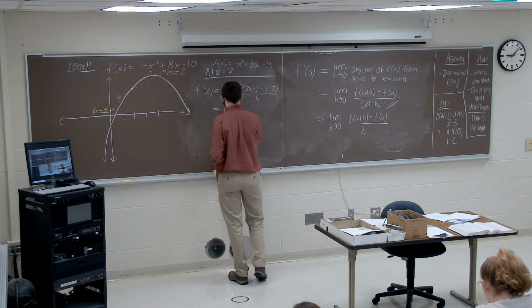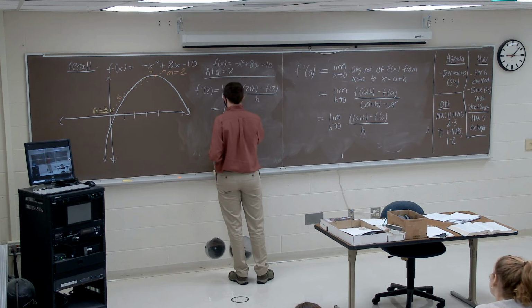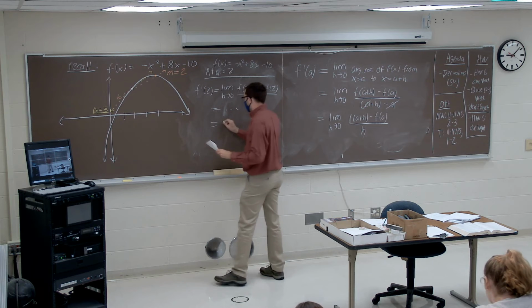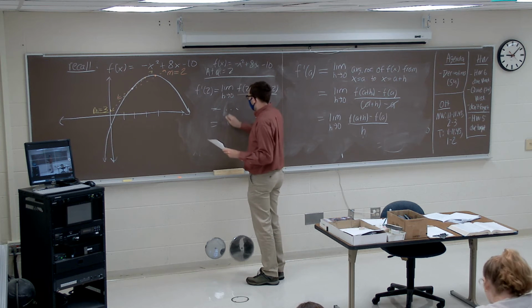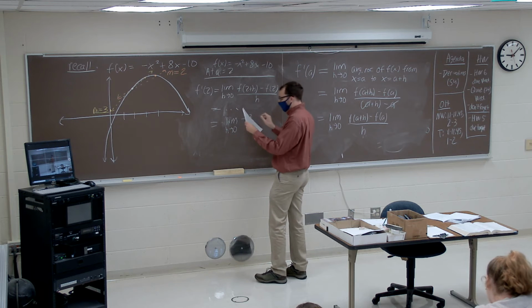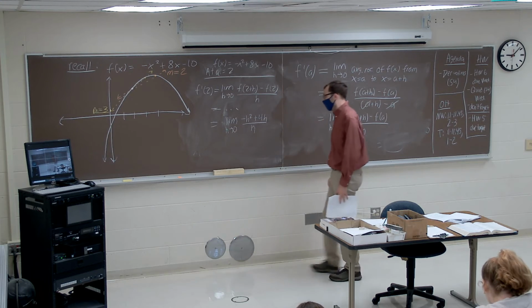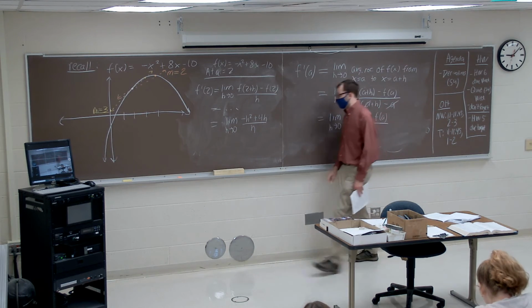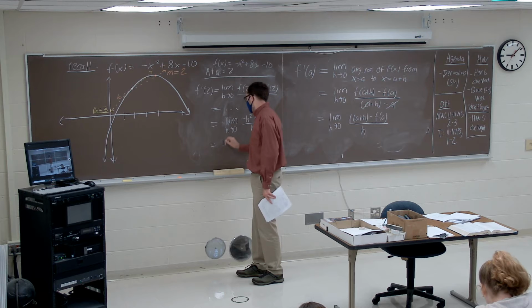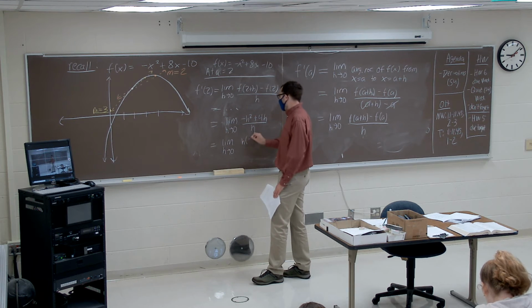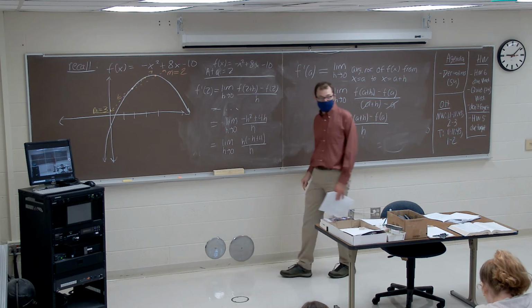It'll give us this whole, I'm not going to go through the computation again, this whole negative limit as h goes to 0 of negative h squared plus 4h all over h, which in turn will give us a limit as h goes to 0 of h times negative h plus 4 all over h.